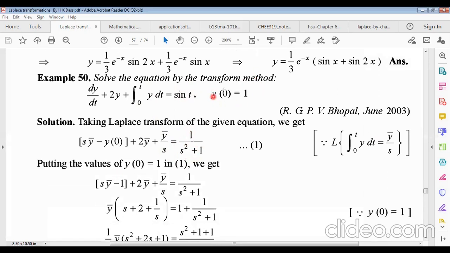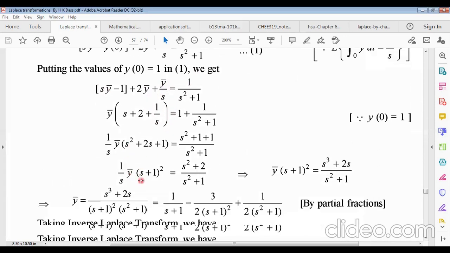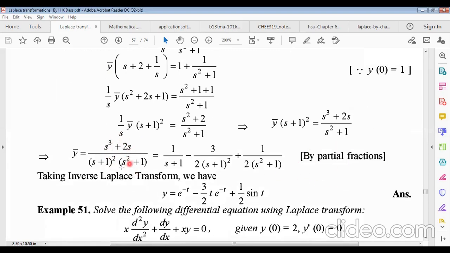Now putting the initial condition y(0) equals 1, because this is the first order differential integral equation. So just putting y(0) equals 1, we get Laplace transformation y bar equals this one. Now you have to use partial fractions. How can we use partial fractions?